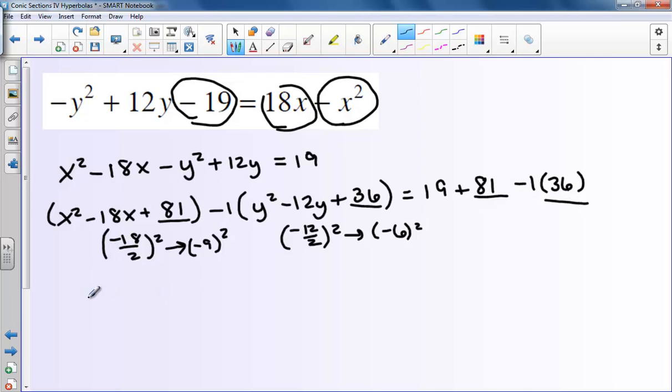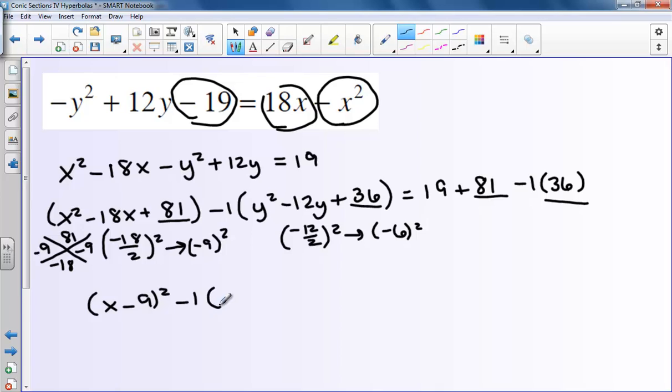Alright, so factoring, my a times c is 81. My b is a negative 18. So I can use 9 and 9, but I need a negative 18, so I'm going to have to use negative values here. So I've got (x - 9) twice.